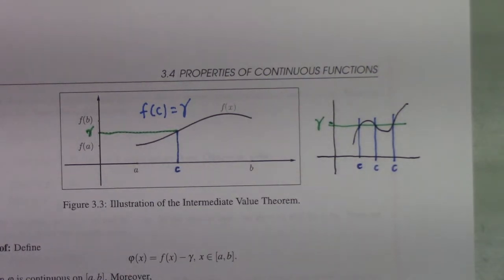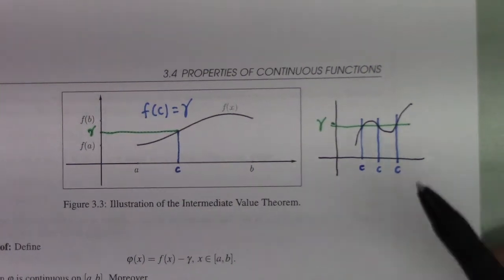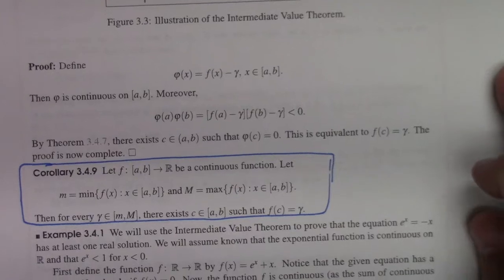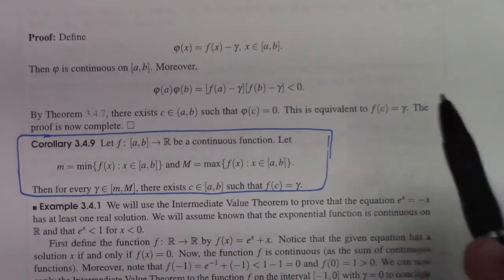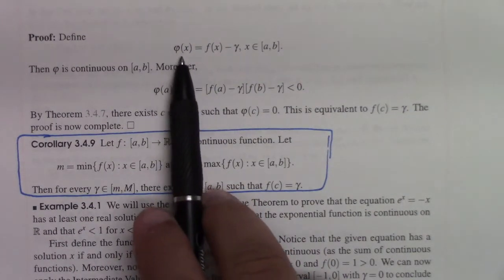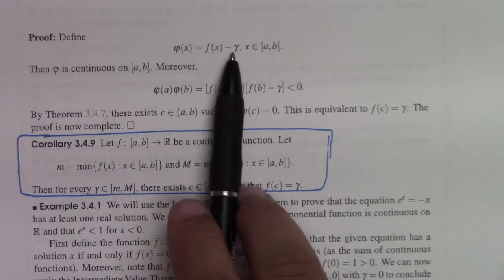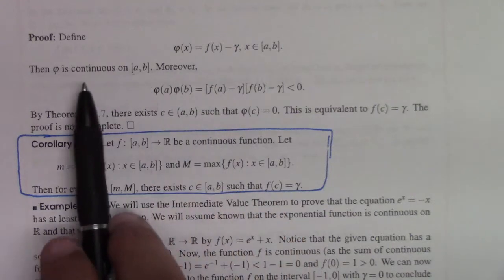Okay, so the proof is simple enough. It's basically to just use Bolzano's theorem. What you do is you let phi of x be f of x minus gamma. Then it's continuous because it's a continuous function minus a constant.